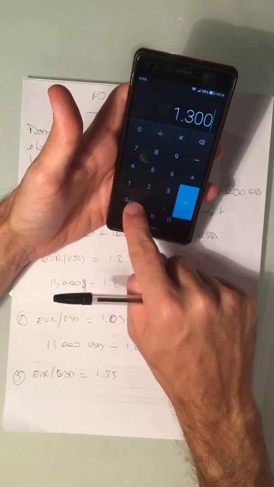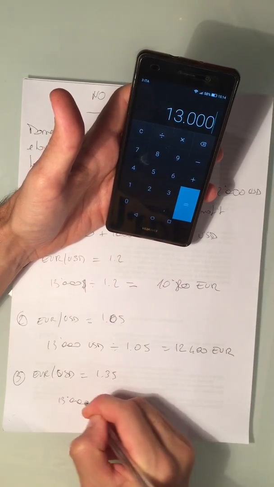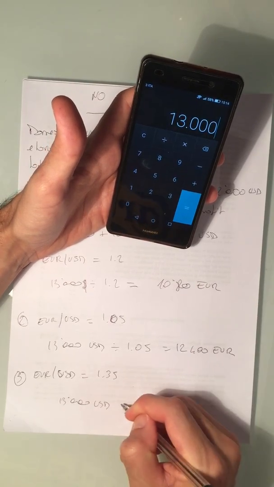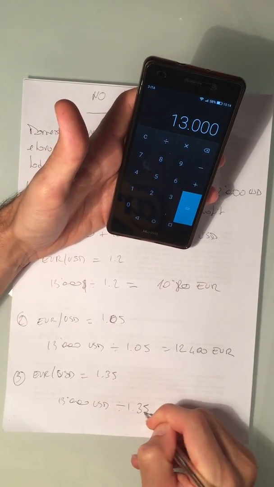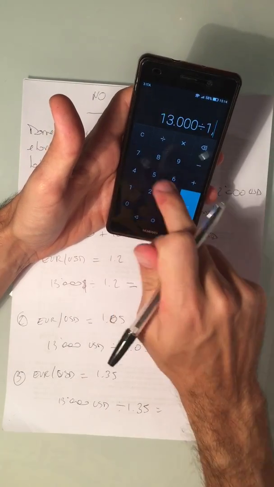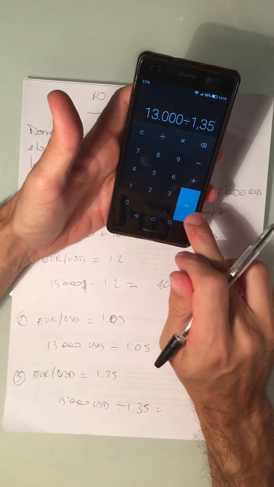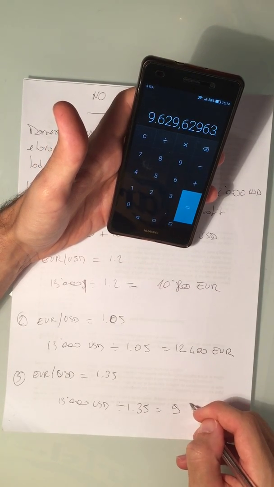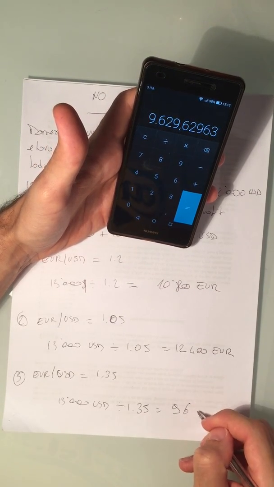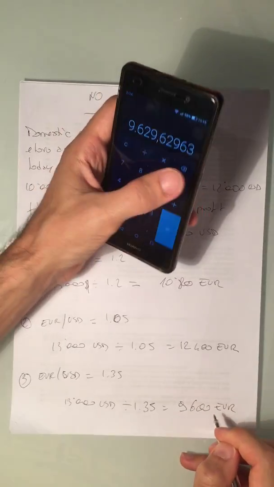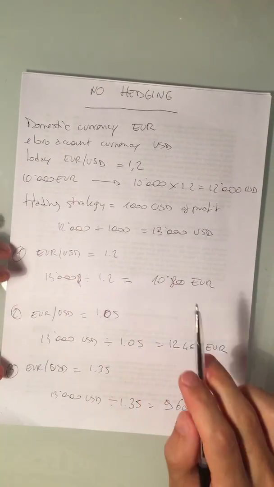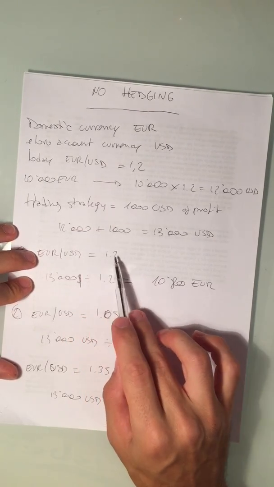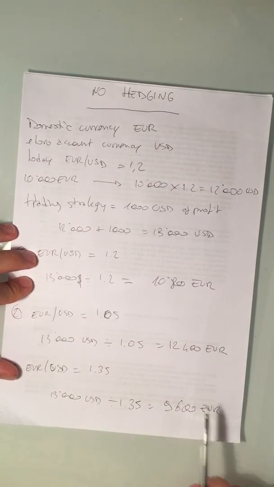Last case, 13,000 US dollar divided by 1.35 of the currency exchange. So now I have 9,600 euro.